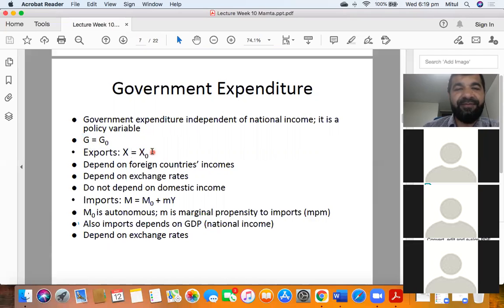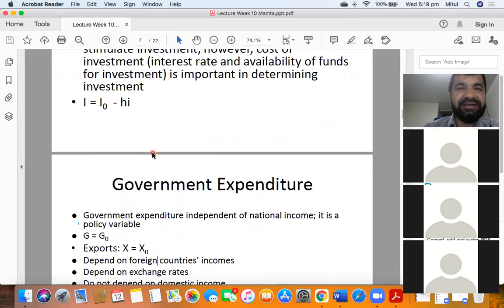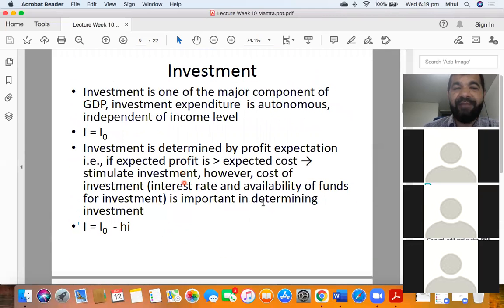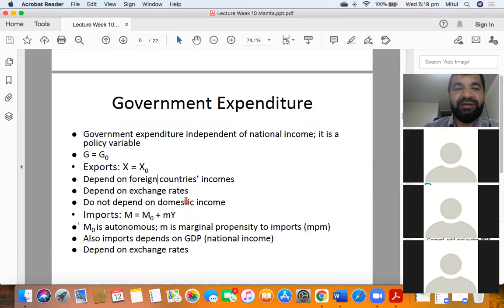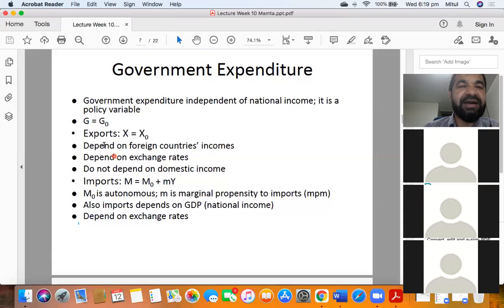Like here you see that investment depends on the available fund and also the rate of interest, so you multiply with how much the available fund is. But in this case, the government expenditure does not depend on anything. It's just a policy. Government will say, I'm going to spend this much money on this project, this much money on that project. From the government's point of view, there is no other variable involved here.